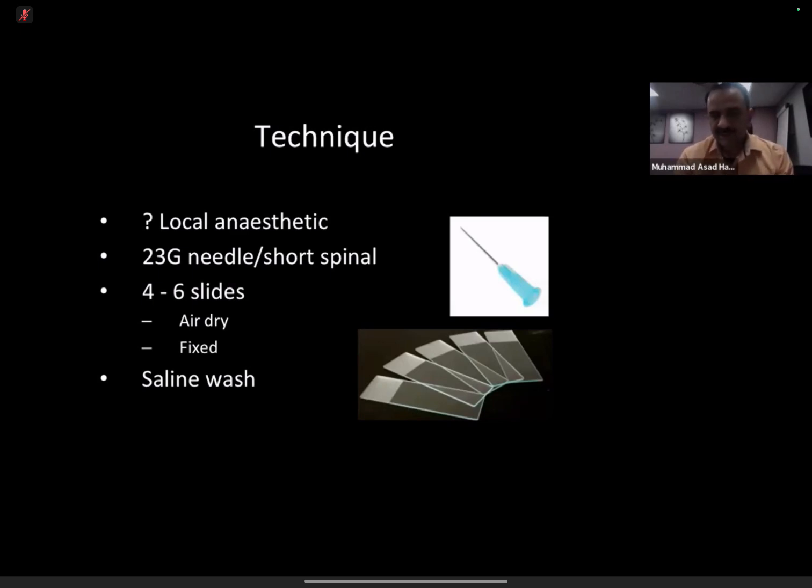Some are air dried, some are fixed, but it all depends on the local policy of the department and the local histopathology lab. Normally, you also need to describe that there will be some saline wash, i.e., you will wash the needle with saline, and that saline wash is also used for histological or cytological analysis.